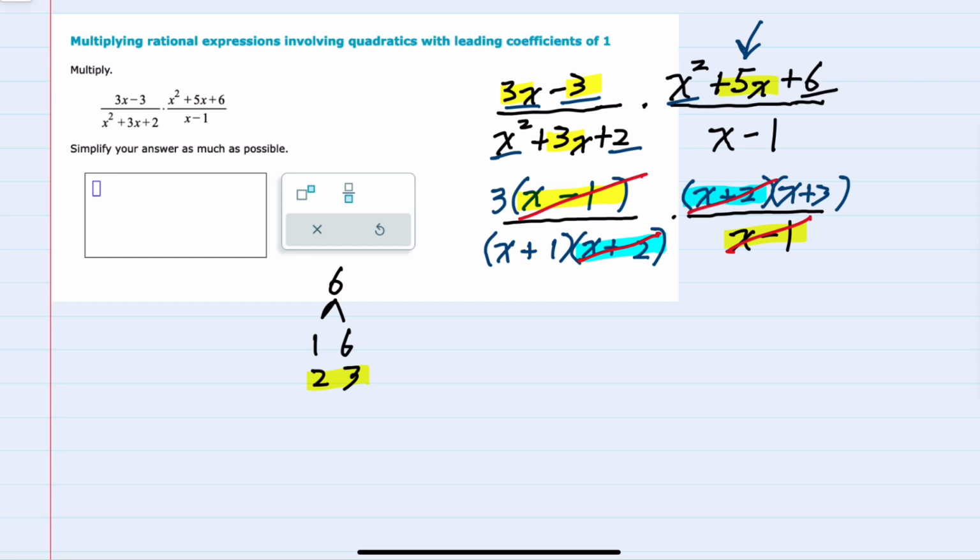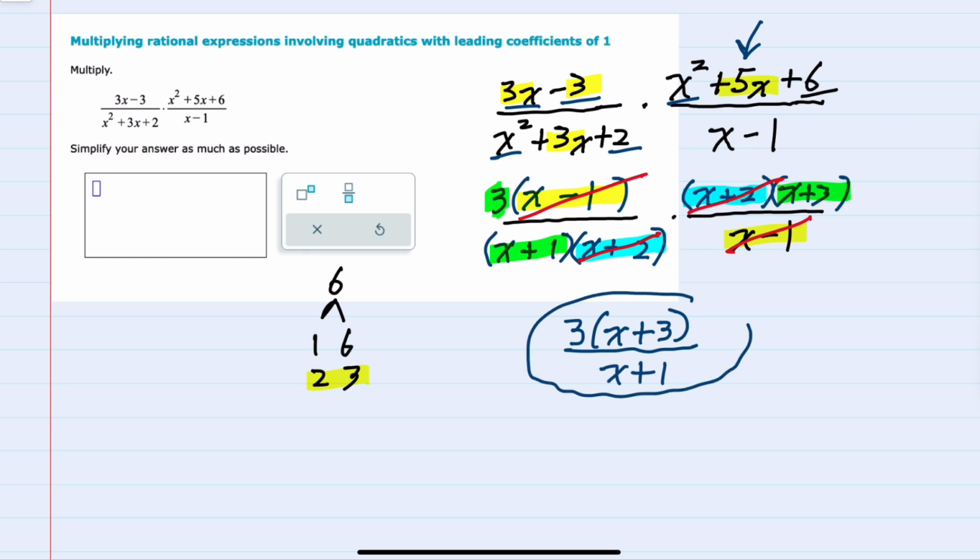Those terms will cancel. And I'll be left with just the 3 and the x plus 3 in the numerator. And in the denominator, I have just the x plus 1. So we've simplified as much as possible by canceling those like terms. This would be our simplified solution.